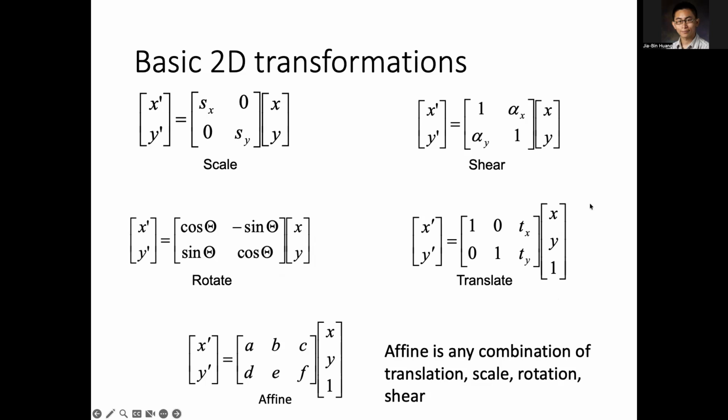So now you can see that the new coordinate is a linear transformation of this (x, y, 1). You can represent the translation this way. So now any of the transformations can be described by what is called an affine transformation, that incorporates all the possible translation, scaling, rotation, and so on.